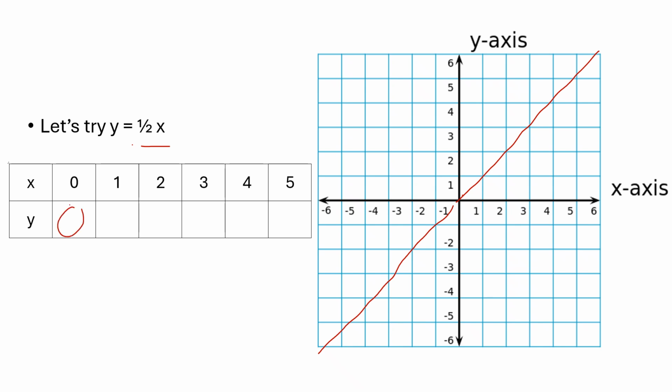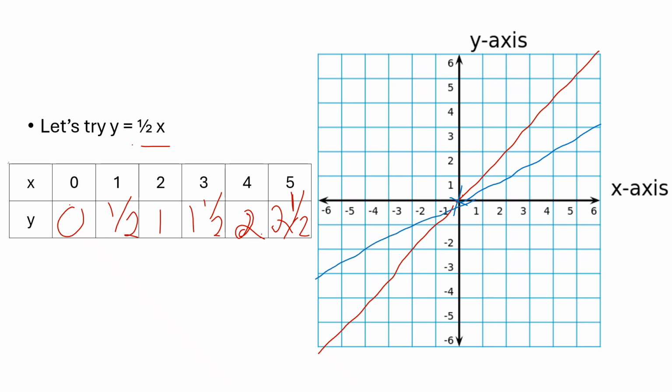So 0, 1/2, 1, 1.5, 2, 2.5. And then we are going to fill that in on our graph. Still goes through the origin, 0, 0. But now it's going to be shallower like this.